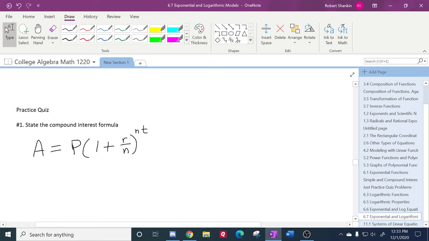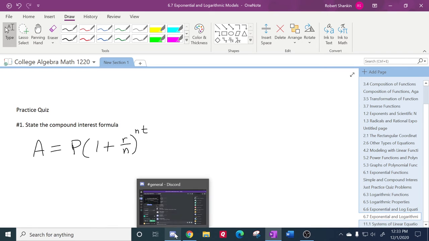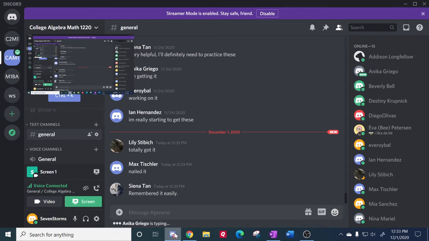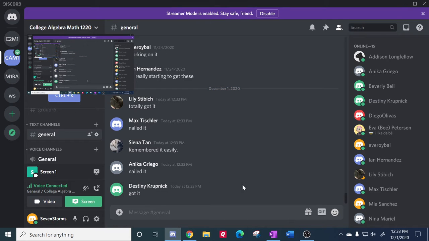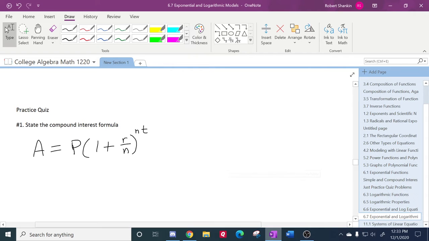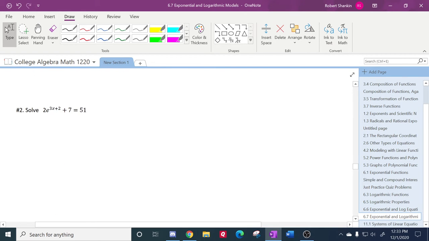And give me a little feedback on your remembering of this formula. Okay, go ahead and solve number 2.